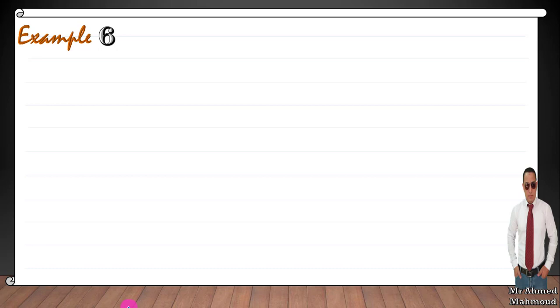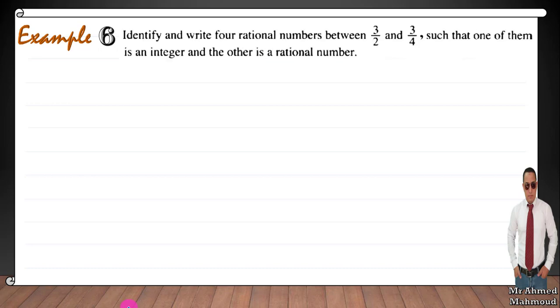Example 6. Identify and write 4 rational numbers between 3 over 2 and 3 over 4 such that one of them is an integer and the others are rational numbers. Okay. First, 3 over 2 and 3 over 4. Multiply up and down by 4 and multiply up and down by 2.